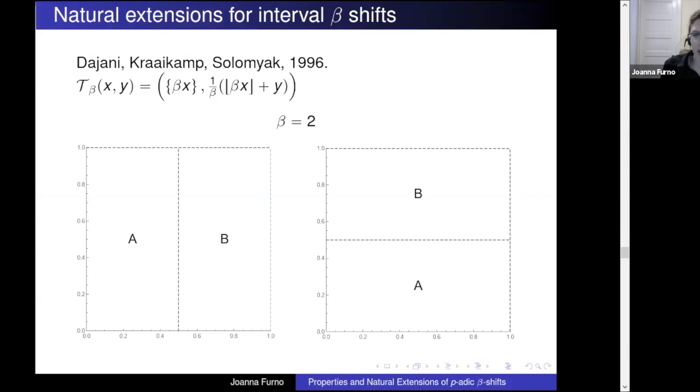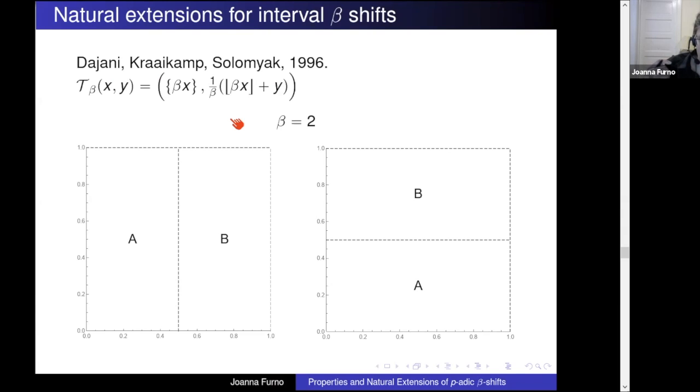Okay, so it looks complicated, it sounds complicated. Here's some examples that are probably not so bad to follow. So again, Dejani and co-authors, lots of co-authors in these papers in 1996 gave this formula for natural extensions for beta shifts.